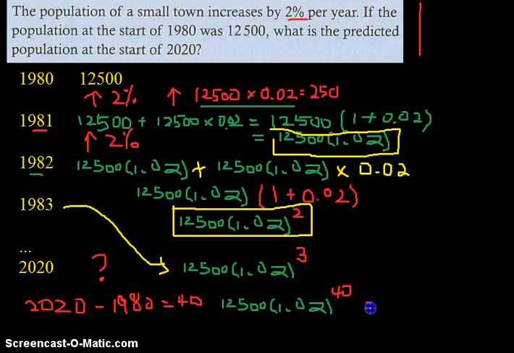Your answer should be somewhere close to 27,600.496. But since we're talking about population, you can just round it to the nearest whole number. So it will be 27,600. Okay, and that's it.